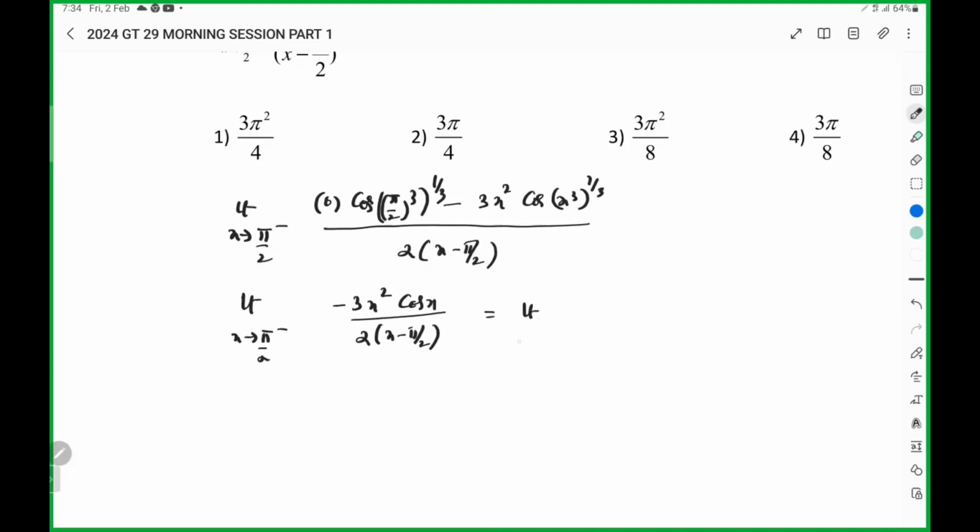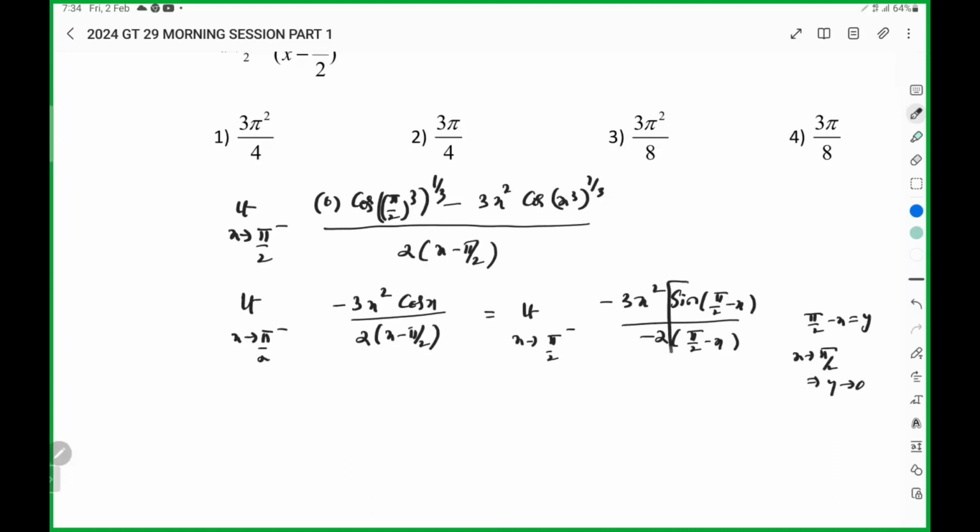This I can write as limit x extends to pi by 2 of sine of pi by 2 minus x by 2 times pi by 2 minus x. So pi by 2 minus x, you take it as y, x approaches pi by 2, y approaches 0.